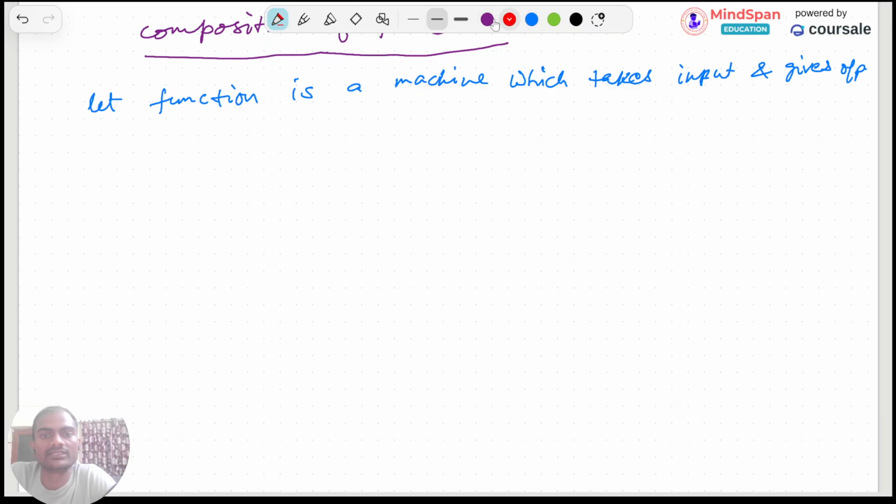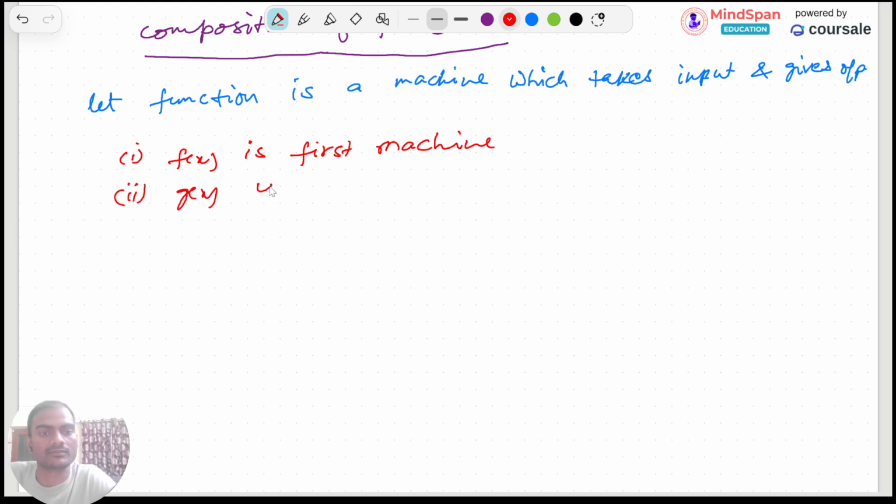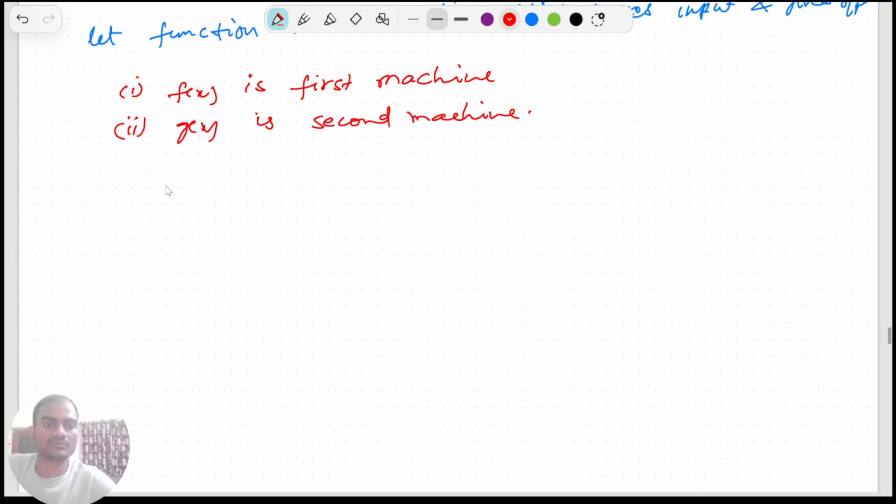Now if we say that f of x is the first machine and g of x is the second machine, then composition is defined like this.